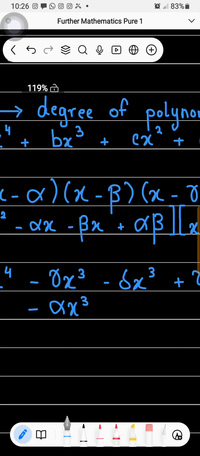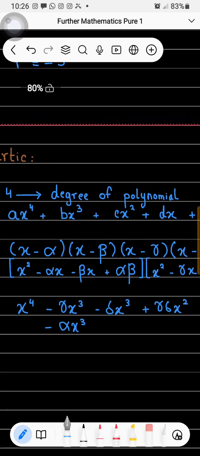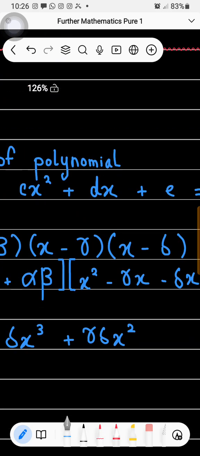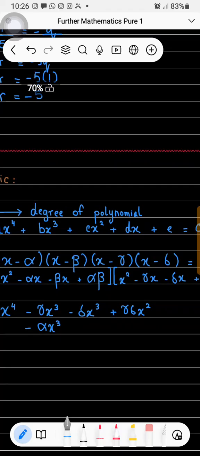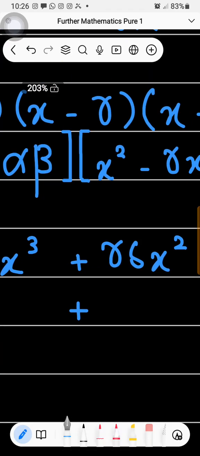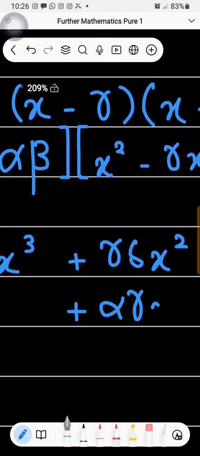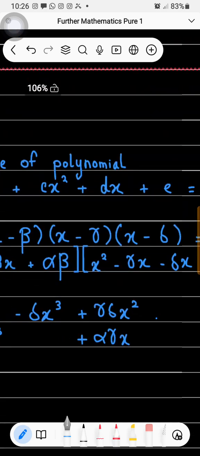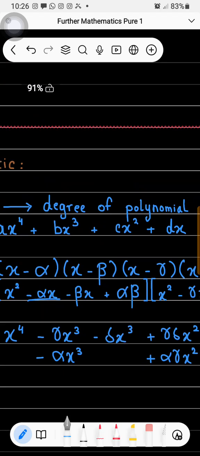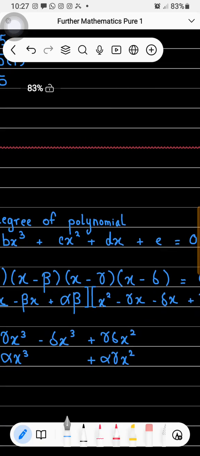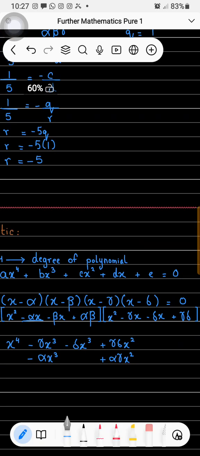Then minus alpha x multiplied by minus gamma x becomes plus alpha gamma x square.